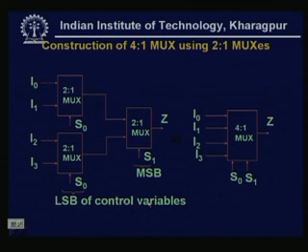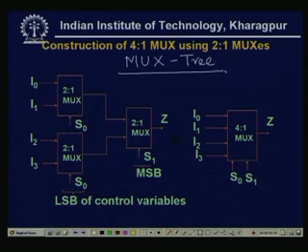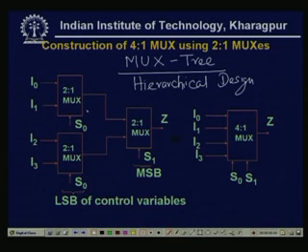Now, a 4 to 1 multiplexer using 2 to 1 multiplexers, we call this a Mux tree or multiplexer tree. This is in general called the Mux tree, or sometimes the hierarchical design of Muxes. We take a 2 to 1 multiplexer and it is fed to another 2 to 1 multiplexer.